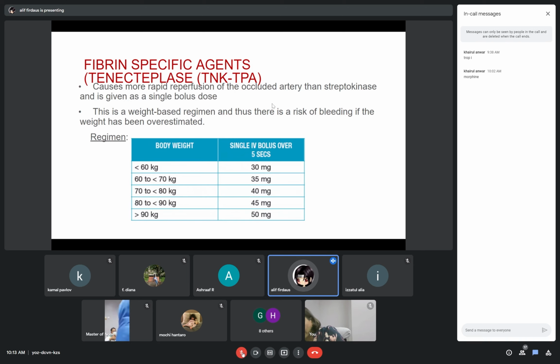It causes more rapid reperfusion of the occluded artery than streptokinase and is given as a single bolus dose. So it is weight based. The regimen is around 0.5 milligram per kg. So if the patient is 60 kg, we give 30 mg. If the patient weighs 90 kg, we give around 45 to 50 mg.